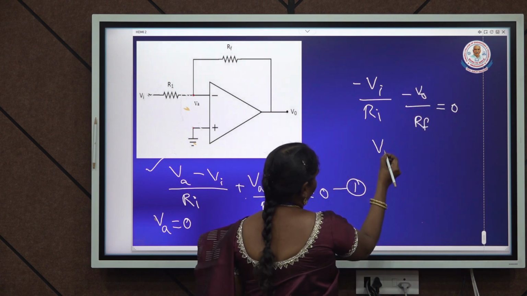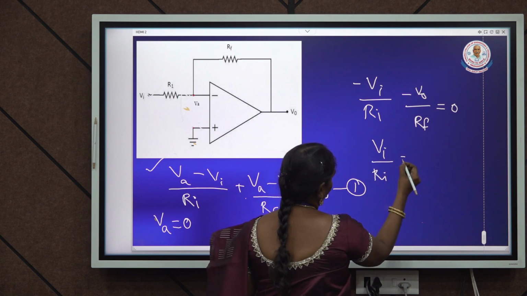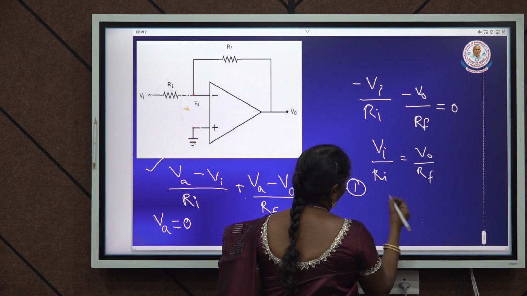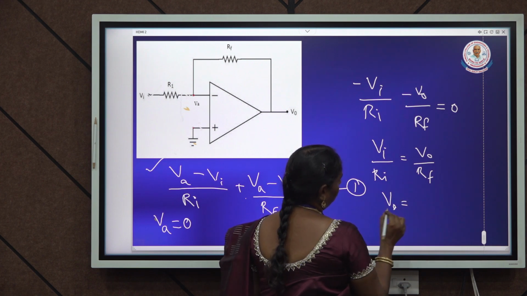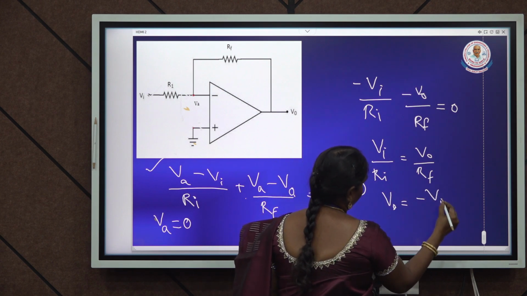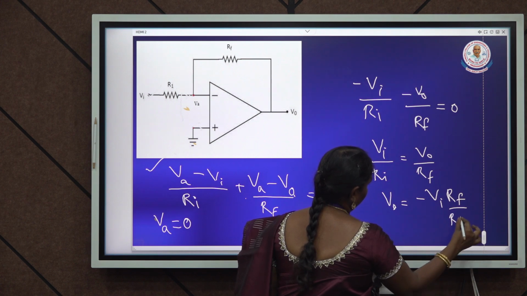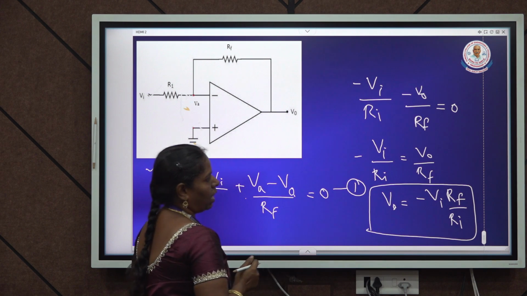Next, Vi divided by Ri equals minus V naught divided by Rf. I want to find V naught, so V naught equals minus Vi into Rf divided by Ri. This is the output voltage equation for the inverting amplifier.